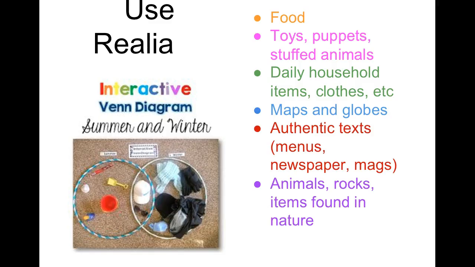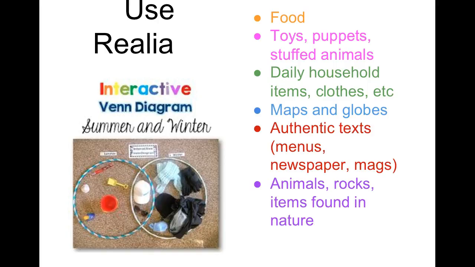As we encourage our students to be imaginative, we also want to be aware that we can't make things too abstract. For English learners, more concrete examples and objects definitely assist their new knowledge and vocabulary and concept building in English. So when we use realia, we're using real everyday objects.